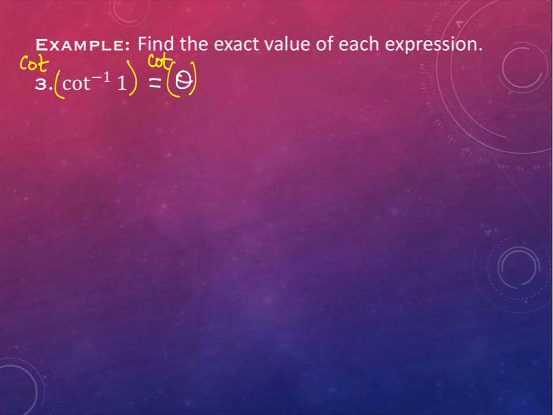So the cotangent and the inverse cotangent are inverse functions, so they cancel one another out operationally. And I'm left with the 1 on the left, and on the right, I'm left with the cotangent of theta. And if you prefer, you can rewrite it with all that flipped around visually. It's a little bit more how we are typically seeing it. All right, so cotangent of theta equal to 1.